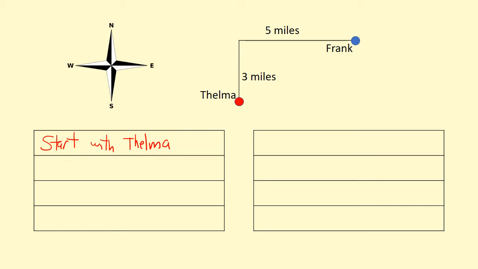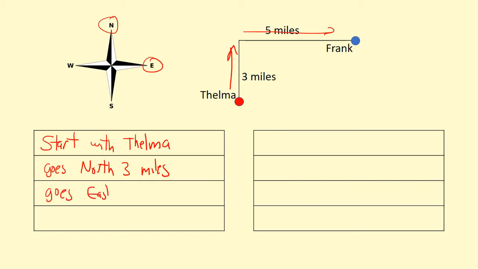So this is Thelma who's going to go and visit her friend. The first thing she does is she goes up this way and she travels north 3 miles. Then she turns right and she goes east 5 miles, right?